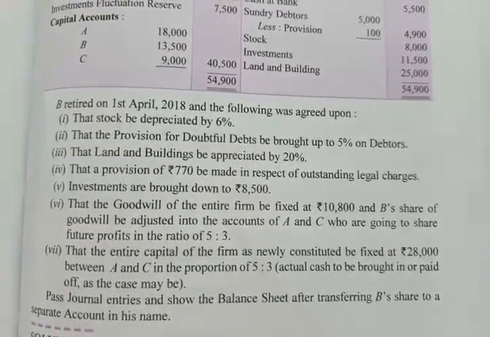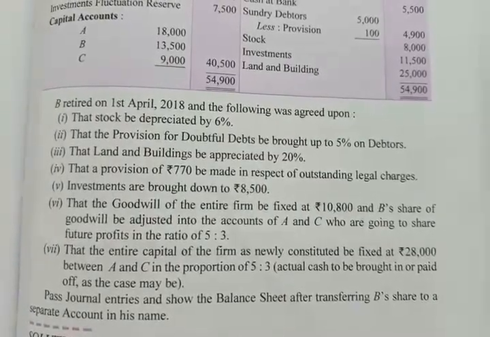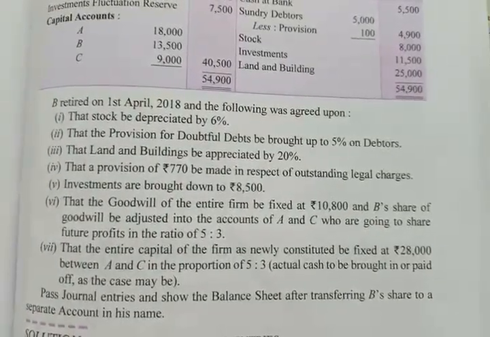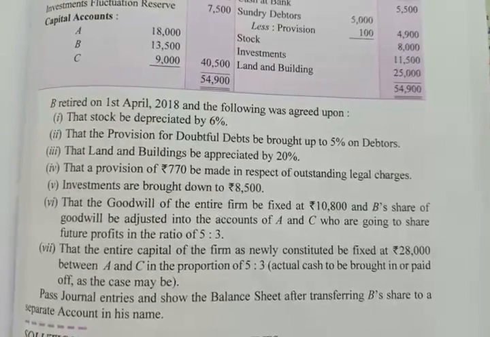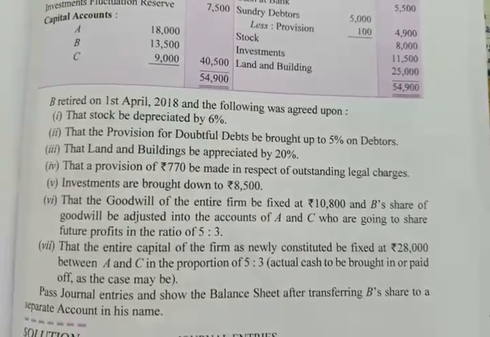So we have to pass journal entries and show the balance sheet after transferring B's share to a separate account.